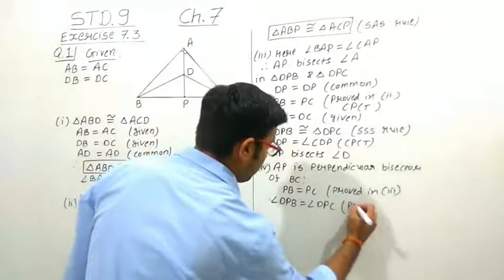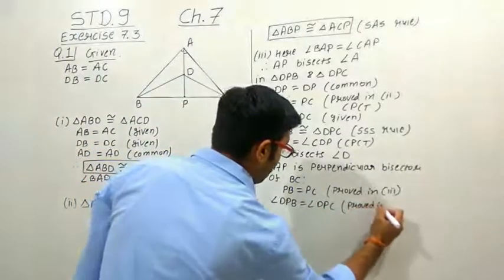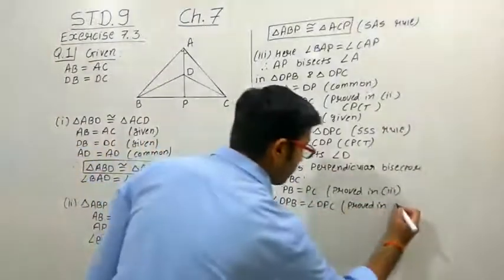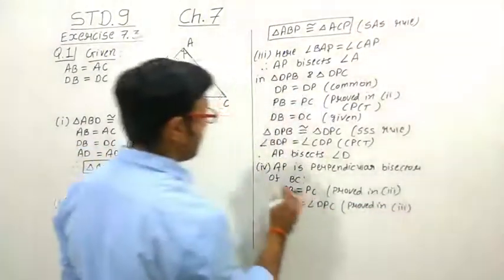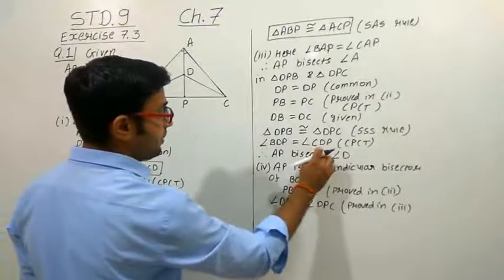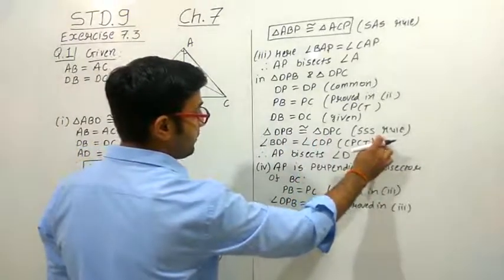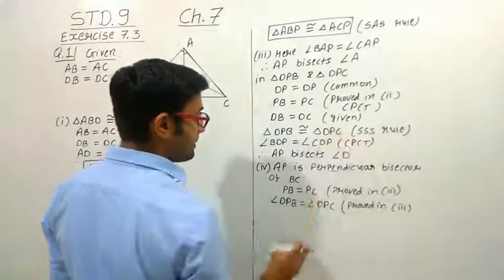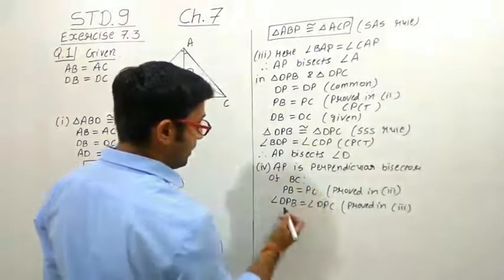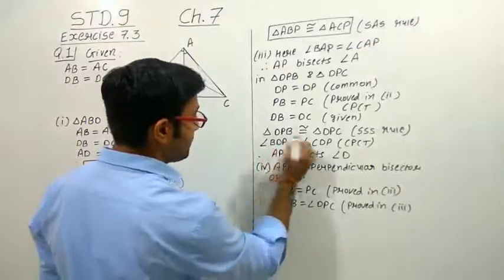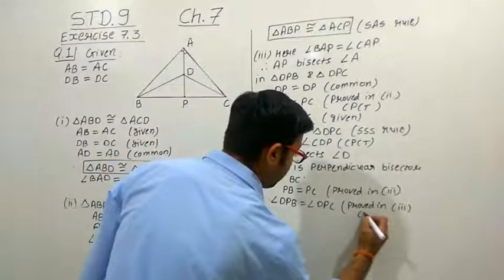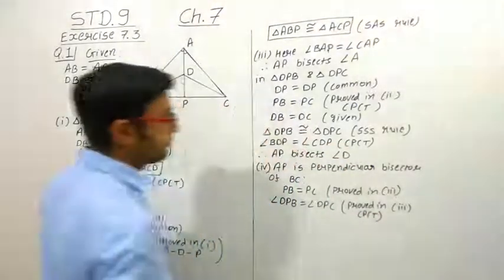Because we have proved in the third step that the two triangles DPB and DPC are congruent by the SSS rule. So by CPCT we can prove that angle DPB is equal to angle DPC.